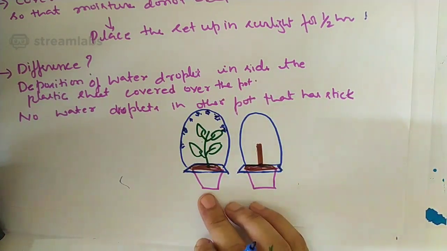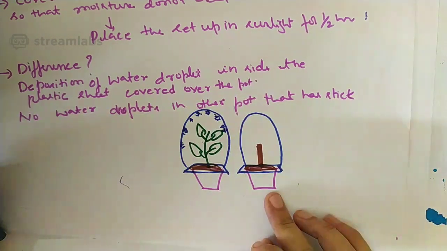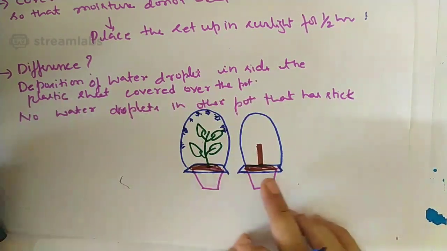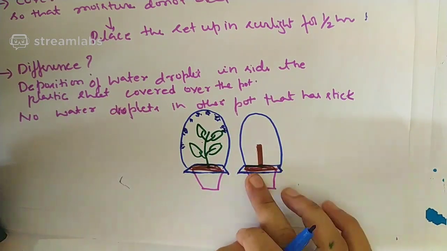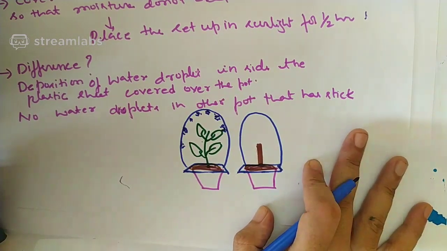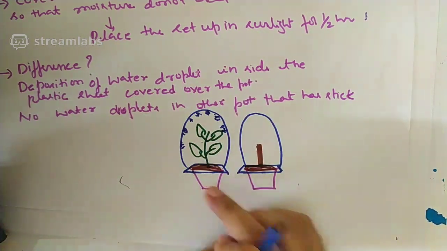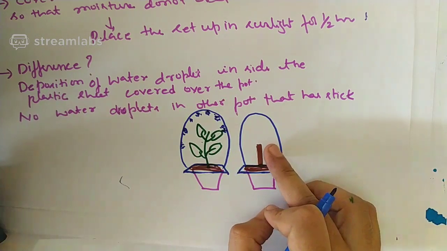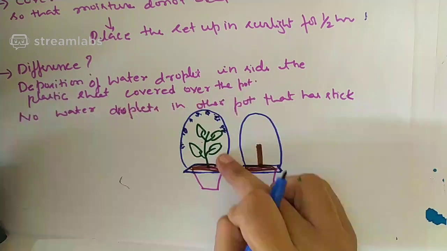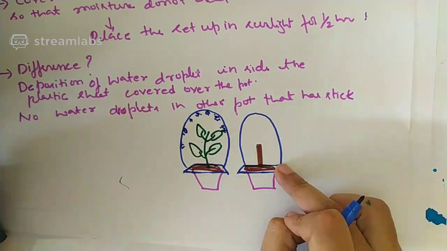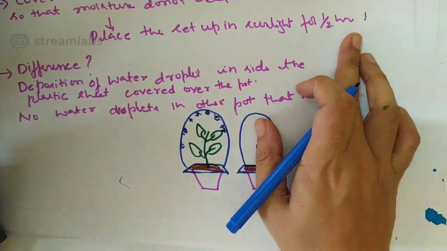Okay, so two pots are taken, of the same size, filled with an equal amount of soil. They are covering the soil so that the moisture is not going to escape. In one pot there is a plant, in the other pot there is just a stick or a twig without leaves. Now cover both the pots and place the setup in the sunlight for half an hour.